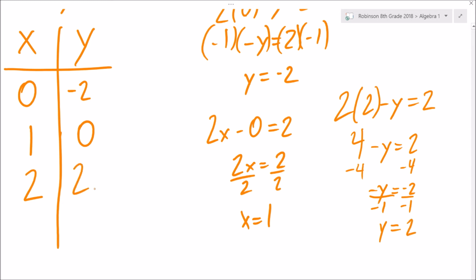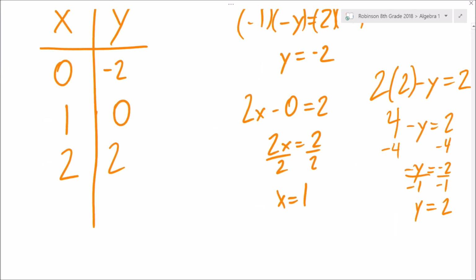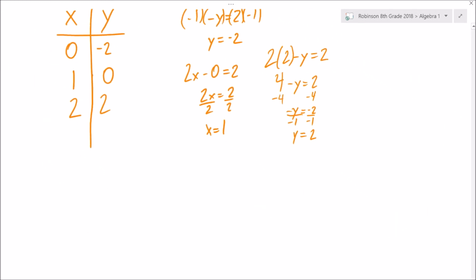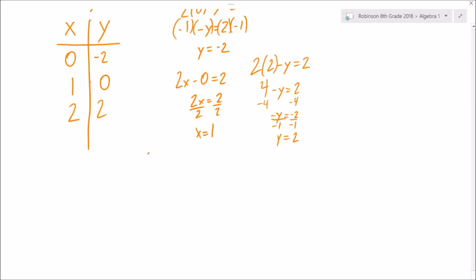Once you have, I would say, at least 3 points, then we can draw our graph and plot those points. And you can use graph paper so it's more exact. But I'm going to have a point at 1 and 0, about right there. A point at 0 and negative 2, about right there.